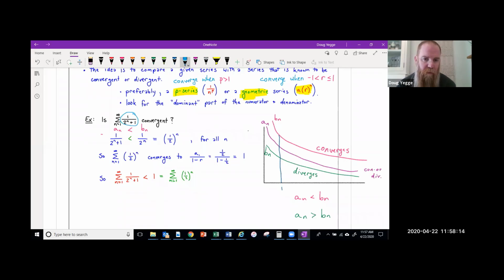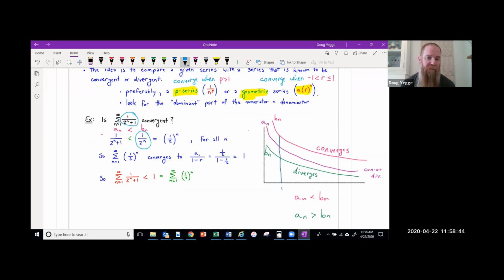Now, I don't know whether that sequence converges or diverges, but I do know that this geometric sequence converges, right? So I know that that's the series of that. That's geometric. It's 1 over 2 to the power of n. I know that that converges. And 1 over 2 to the n is pretty close to 1 over 2 to the n plus 1. Really, really, really close.